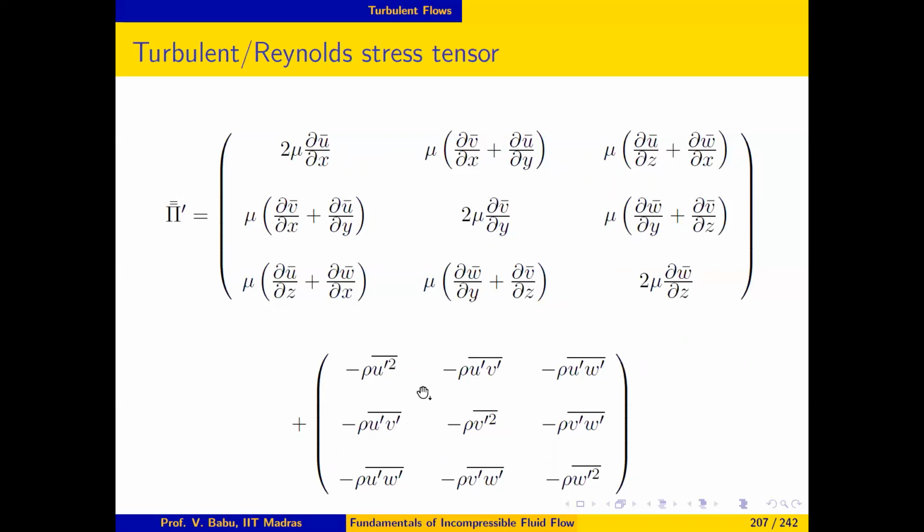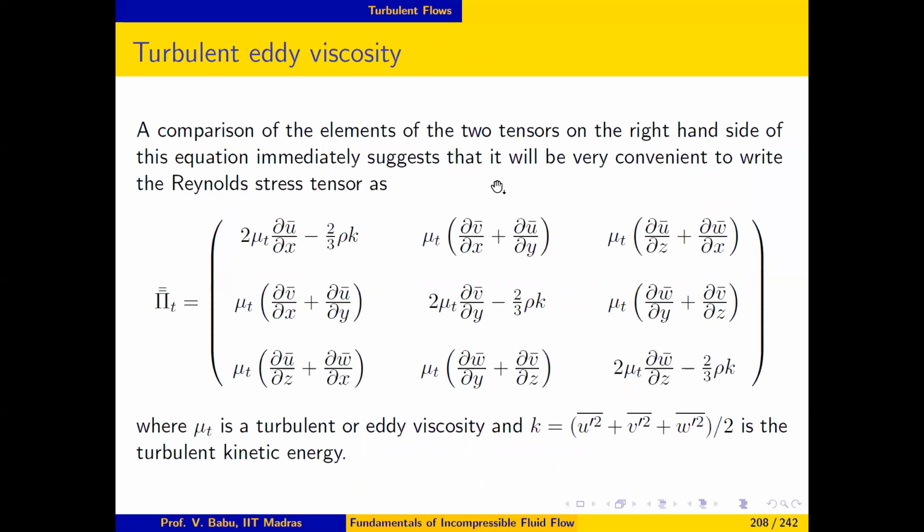If you do that, then we can combine this stress tensor with this, and the two together can be written in a very compact form. And this is called the Boussinesq hypothesis, namely writing each one of these as mu t times its corresponding component from the deviatoric part of the stress tensor.